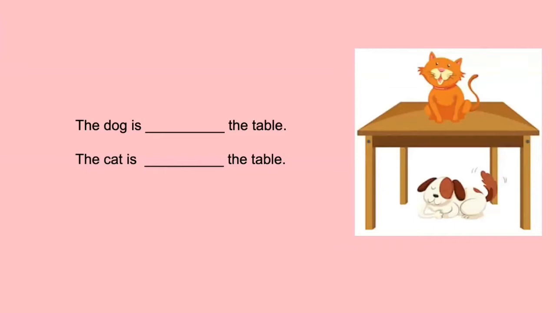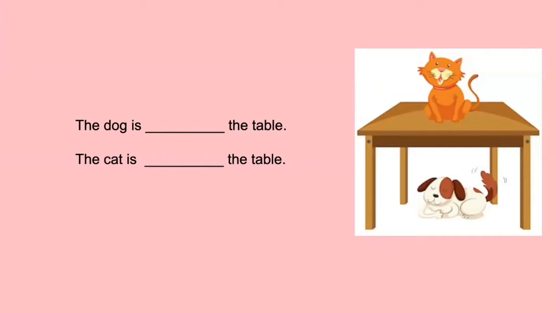For this example, we have an example of the location preposition. We have the picture and then the example: the dog is dash the table. Keep in mind that prepositions are short words and they connect people, objects, time, and location. In this case, we have the location.